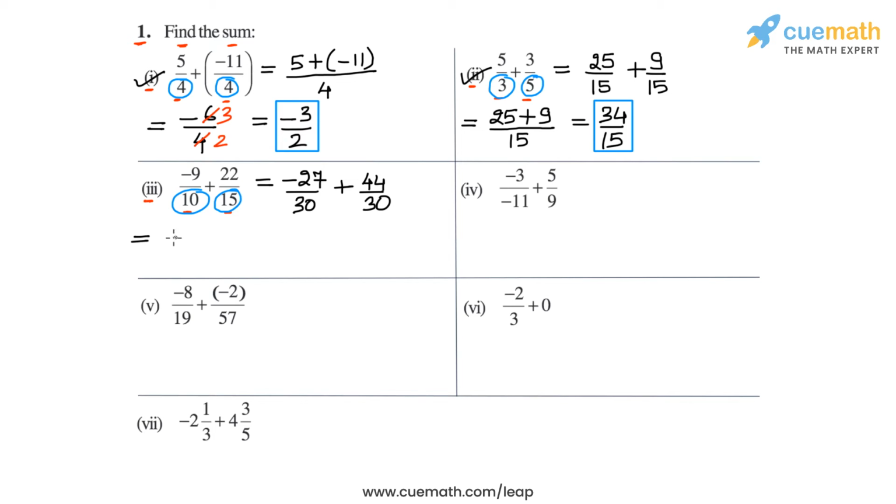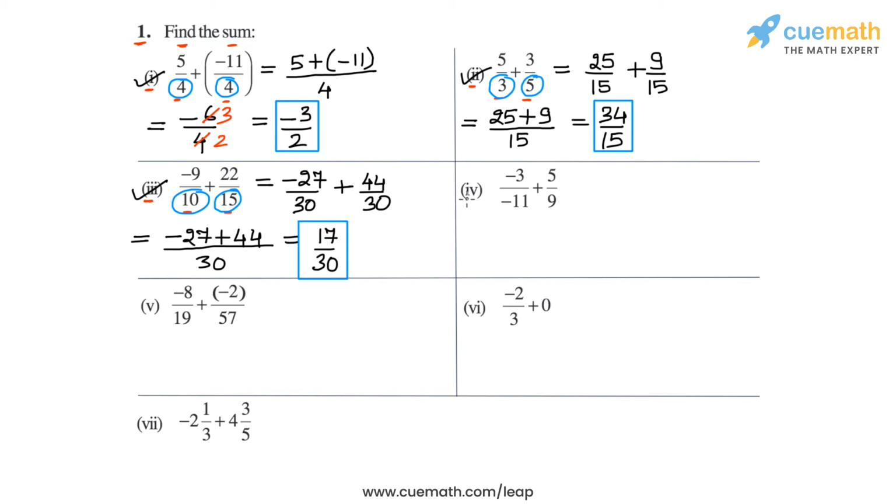And now this sum, we can add the numerators. So we can get minus 27 plus 44, and this whole thing divided by 30. Now minus 27 plus 44 is 17. So we will get 17 in the numerator and 30 in the denominator. So in part 3, the sum is 17 by 30, and this completes part 3.